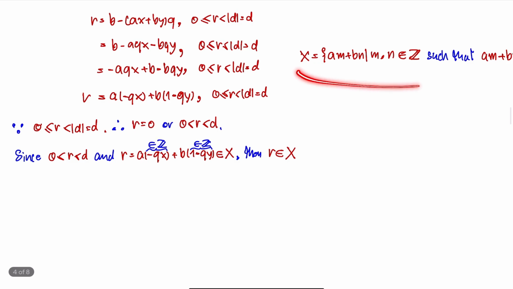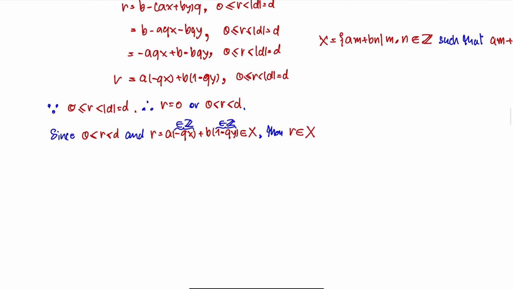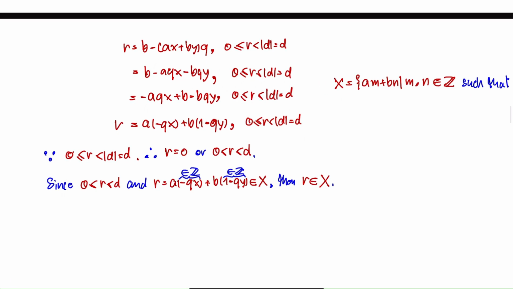So r is in this set. But we know that d is the smallest element in set X. What does it mean by this?